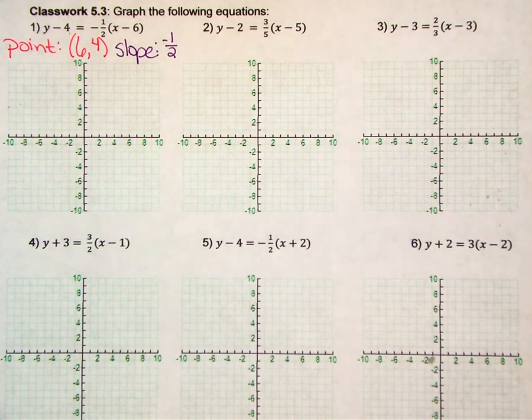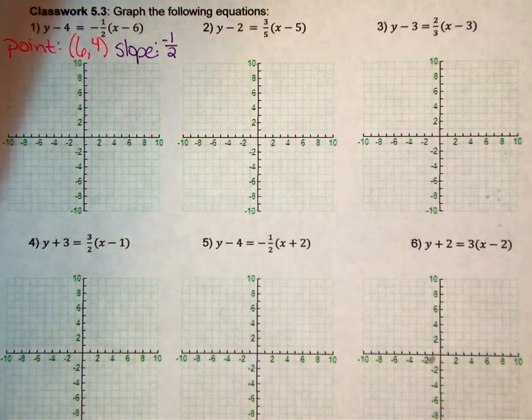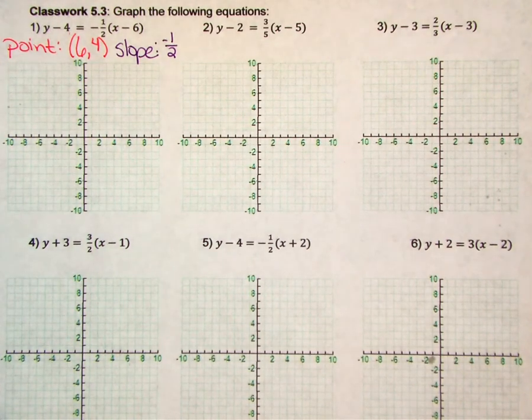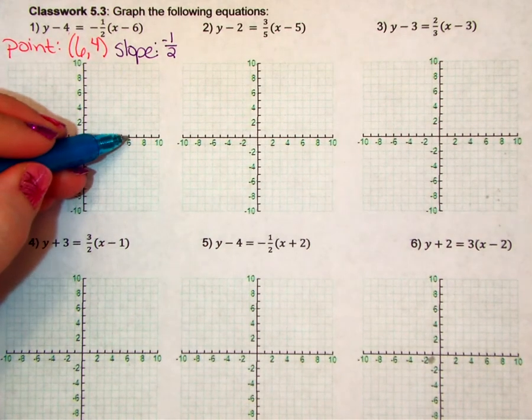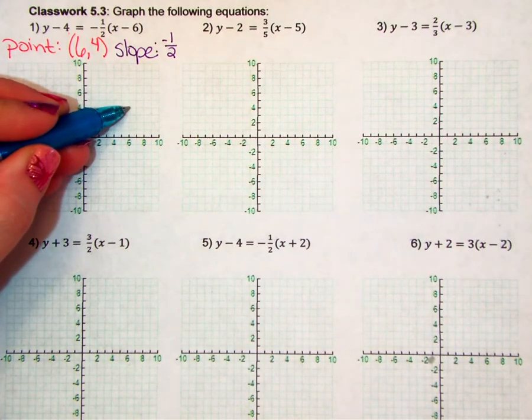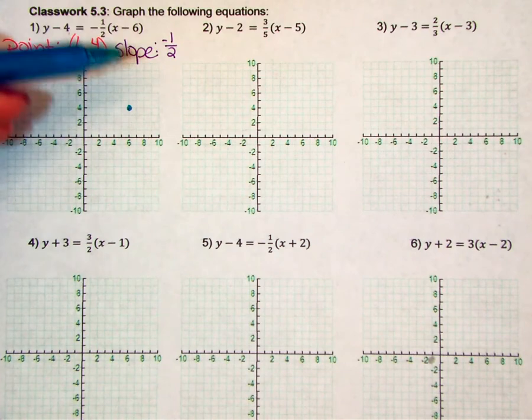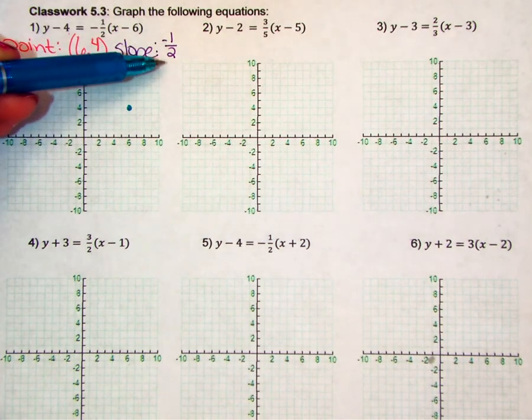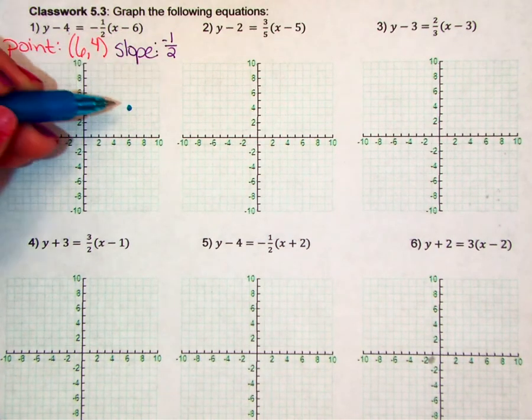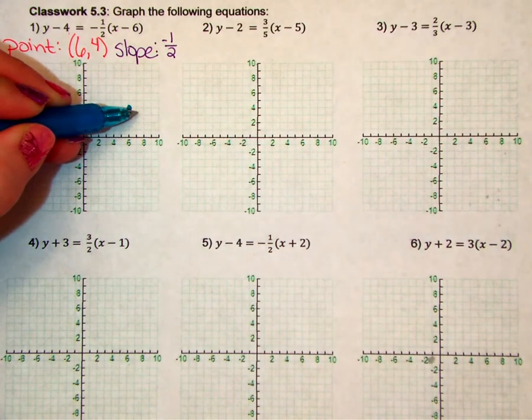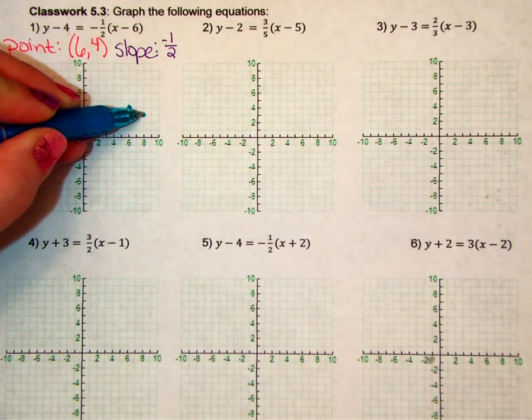Then to graph using point slope form, we have to first plot the point that we found. So 6 and up 1, 2, 3, 4. Then we're going to use the slope, and the top number tells us up or down, the bottom number tells us how many right. So this means I'm going to go down 1, right 2.